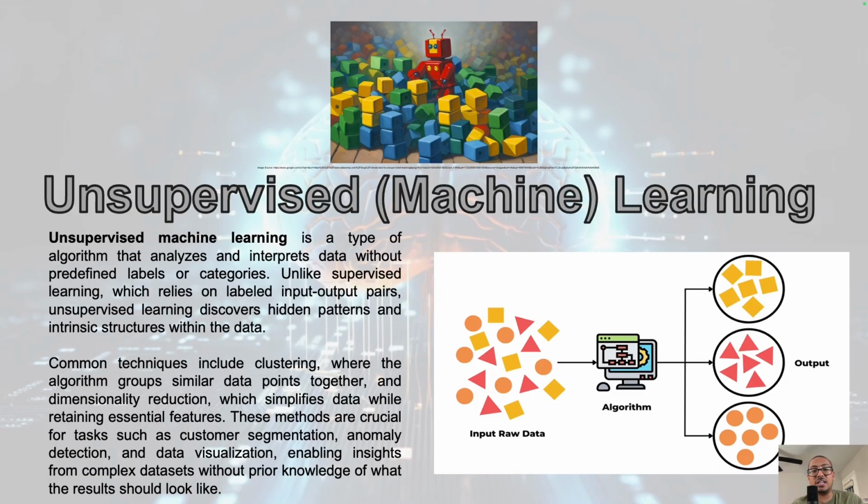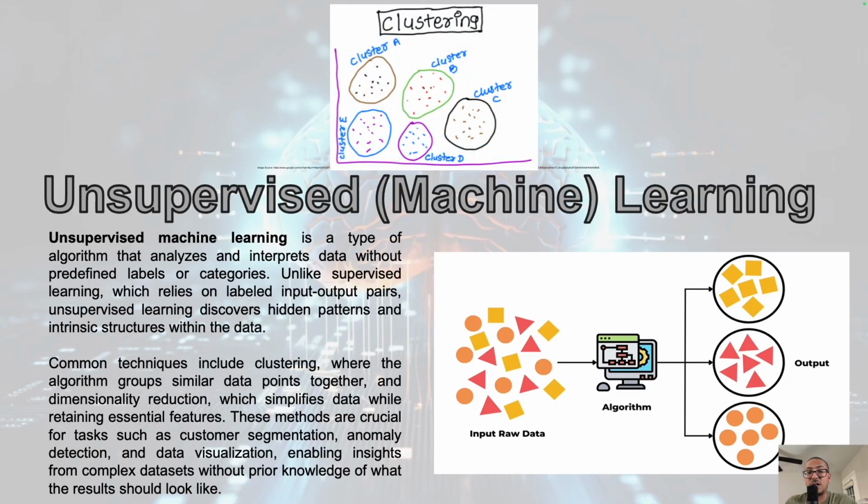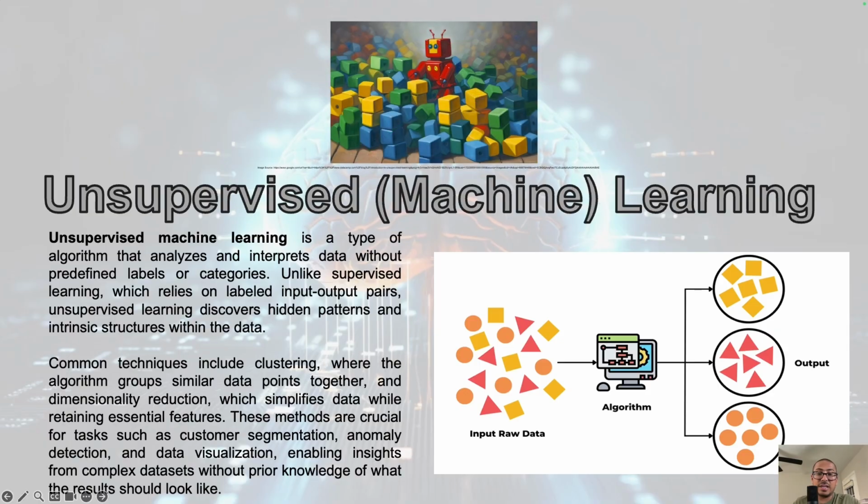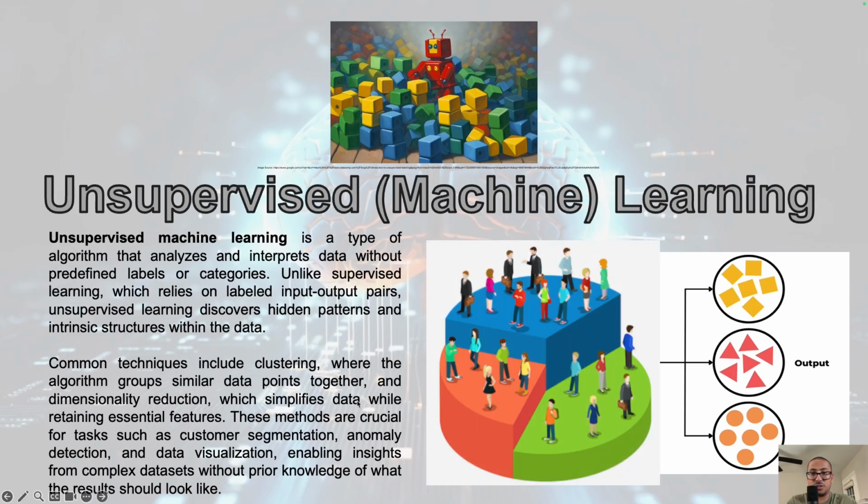The common techniques include clustering, where the algorithm groups similar data points together, and dimensionality reduction, which simplifies the data by reducing the number of features while retaining the most essential information. Now, clustering is widely used in many real world applications. One example is customer segmentation, where businesses group customers based on similar behaviors for targeted marketing.